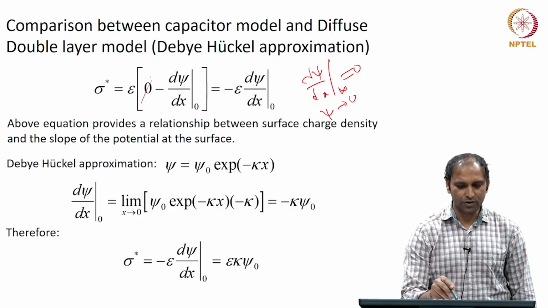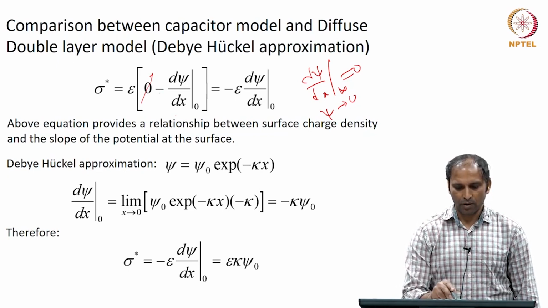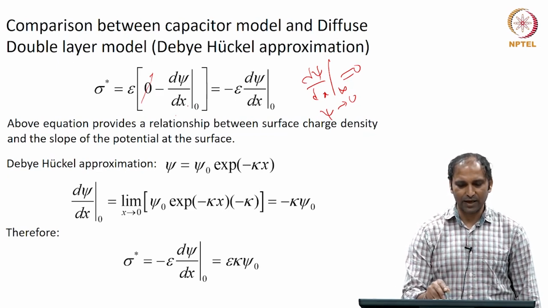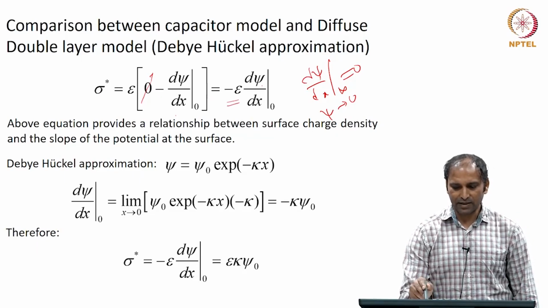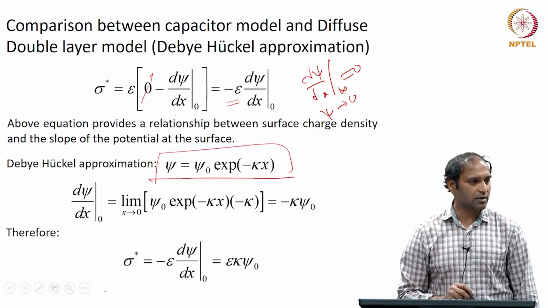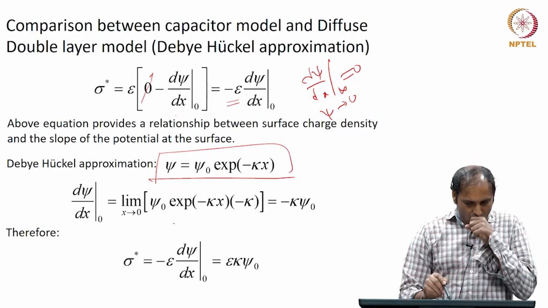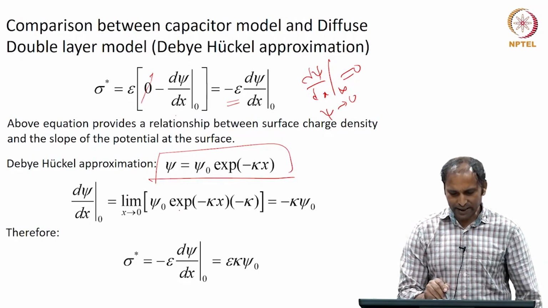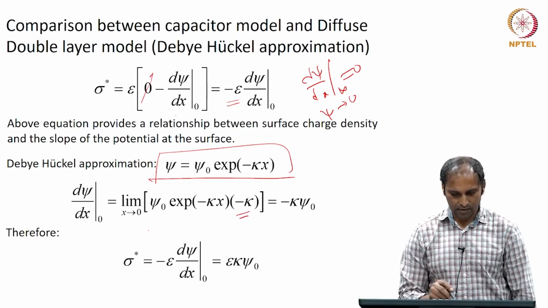Therefore, the first term is going to be 0, then you are left with epsilon times 0 minus d psi by dx at 0. Therefore, sigma star is minus epsilon d psi by dx at 0, and because we know that the potential falls in an exponential way, I can get what is d psi by dx at 0. Therefore, d psi by dx at 0 will be psi naught exponent minus kappa x times minus kappa, right.